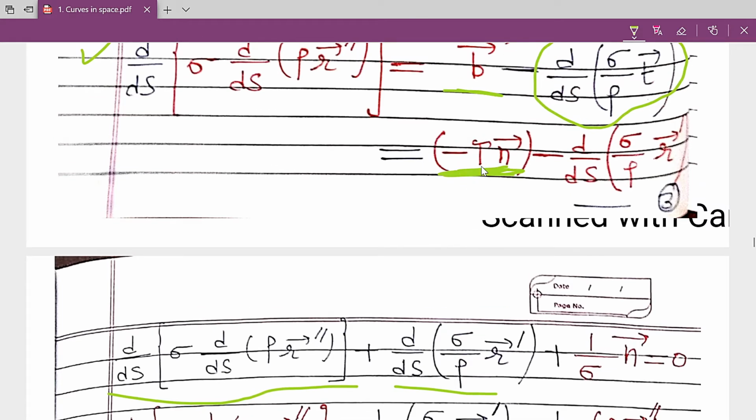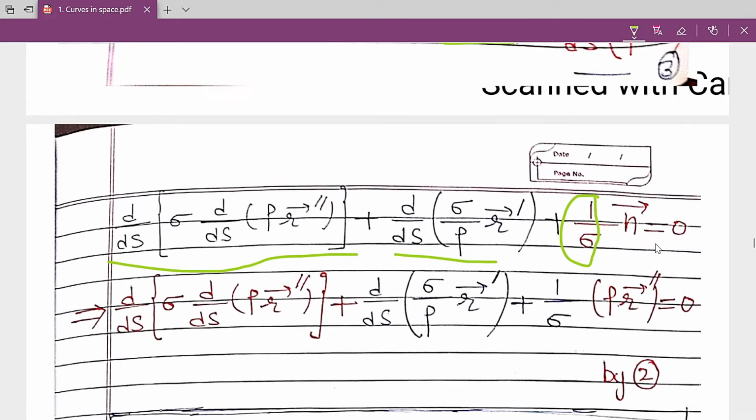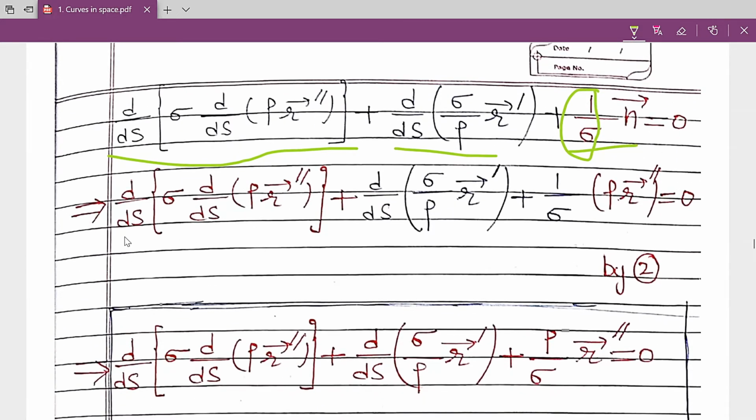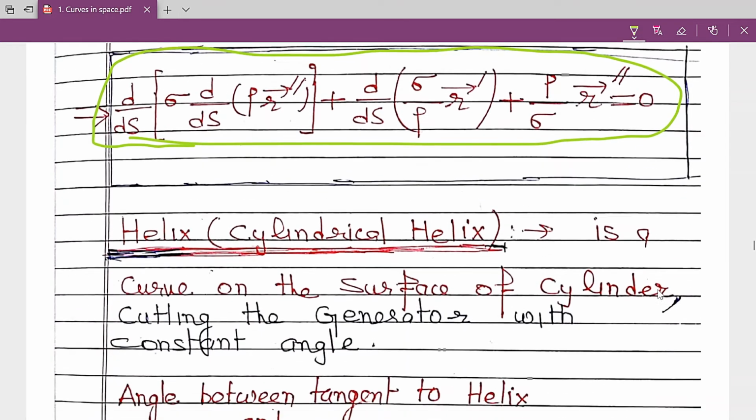Tau can be written in the form of sigma, which is 1 by sigma into n vector. Clear? So this is the third term. So what we get is, this is the first term, this is the second term plus the third term equal to 0. Clear? So that is what we wanted to prove. So that is our result. It is a very important result from the university examination point of view.